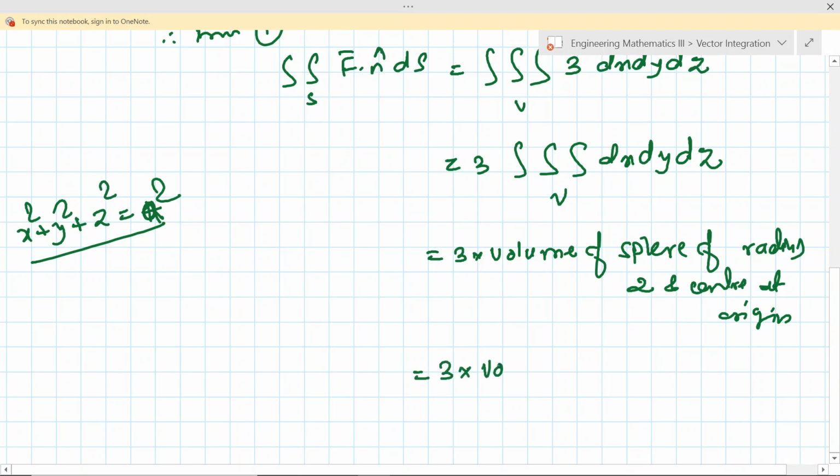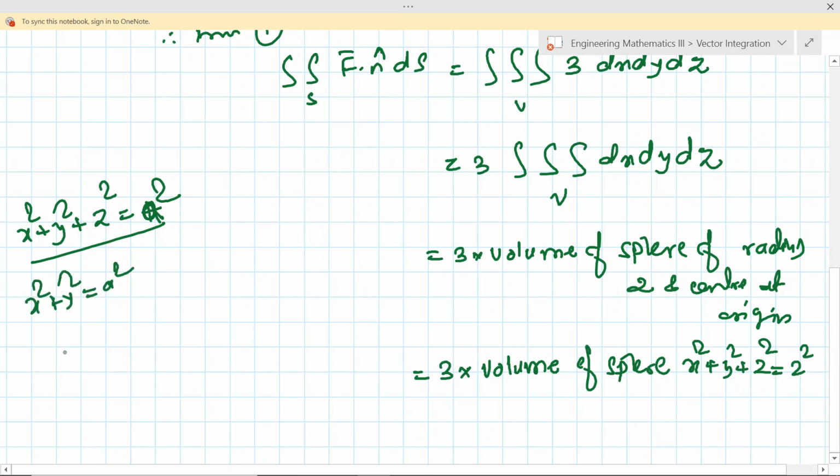So this is 3 into the volume of the sphere x square plus y square plus z square is equal to 2 square. R is nothing but 2 here. Okay, always remember that this is a standard circle: x square plus y square is equal to a square with center at origin. If the center is origin, then it is a standard circle or standard sphere.